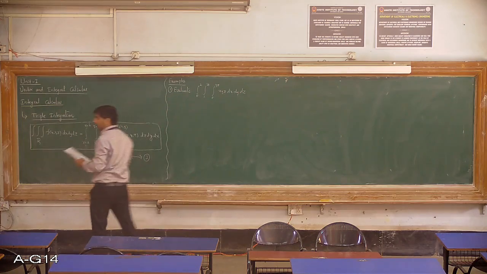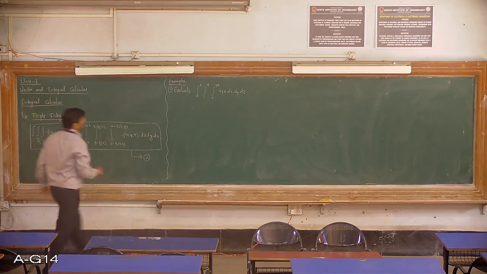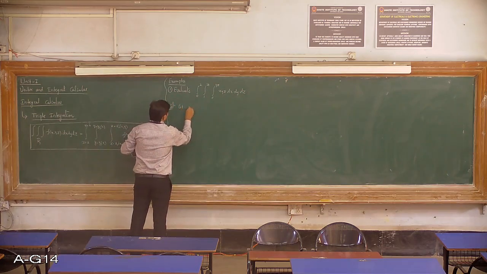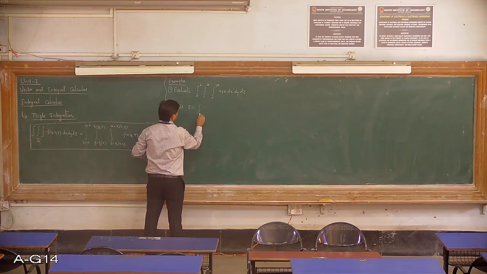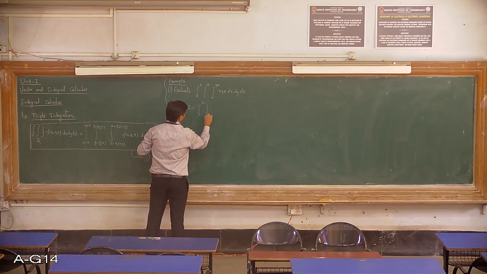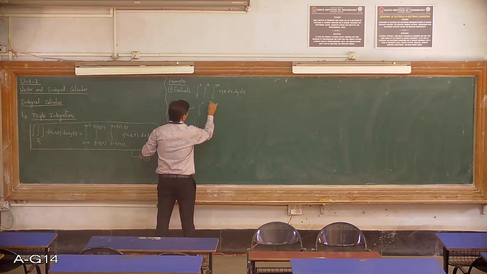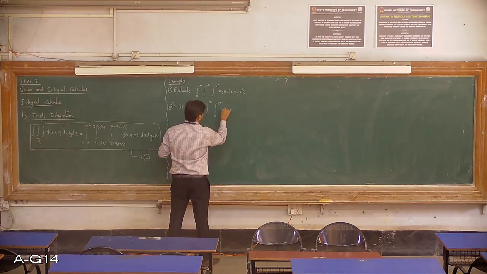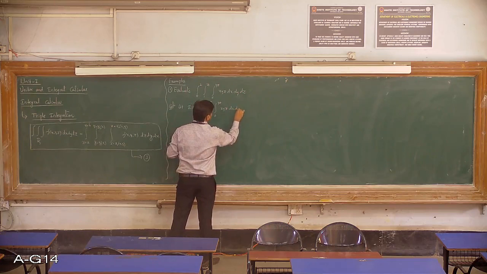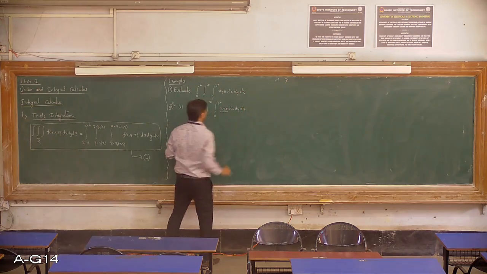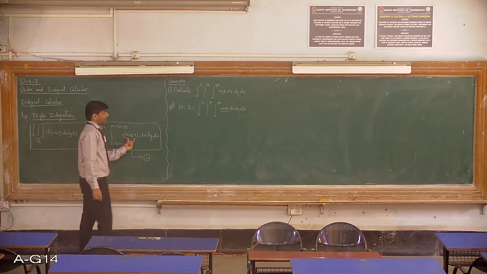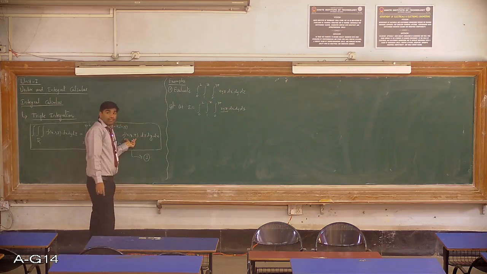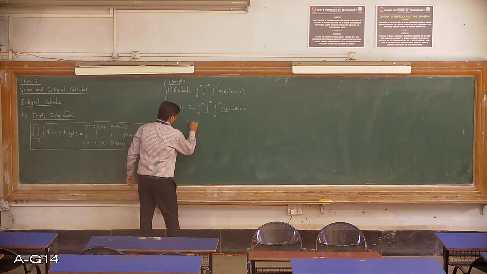So one can very easily understand this particular form. So now I'll rewrite it. Solution: let I equal the integral 0 to 2, integral 1 to z, integral 0 to yz, of x y z dx dy dz. Okay, what is this x y z? This is f of x comma y comma z. So now write the limits.